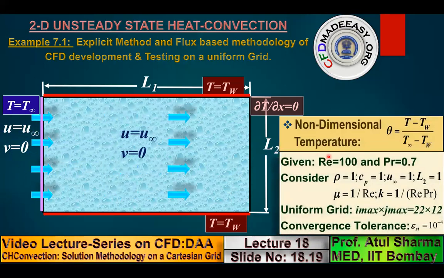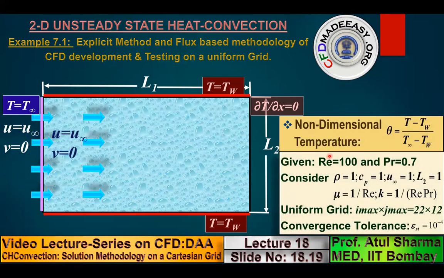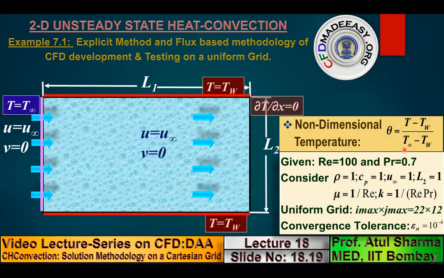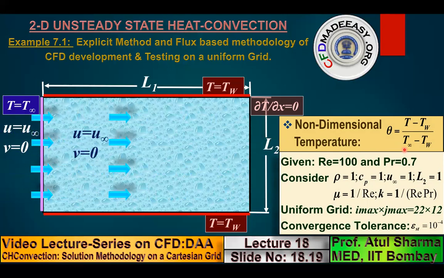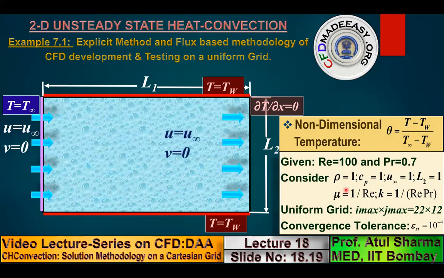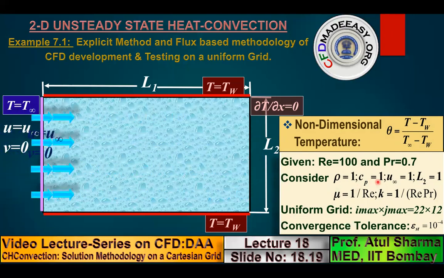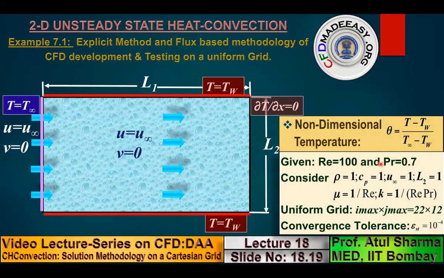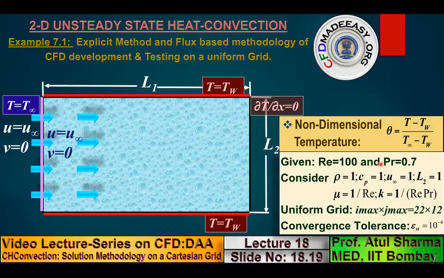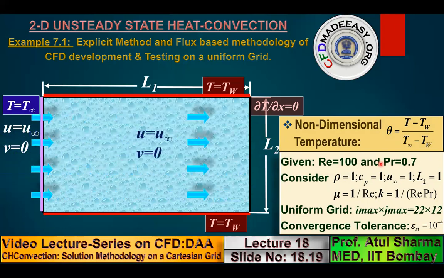In this problem, you have to solve for a Reynolds number of 100 and a Prandtl number of 0.7, and you are given these densities.